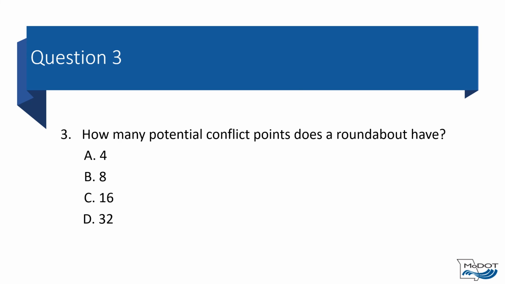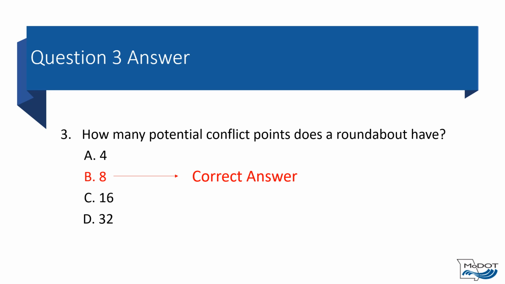Question 3. How many potential conflict points does a roundabout have? A. 4, B. 8, C. 16, or D. 32? The correct answer is B. 8.